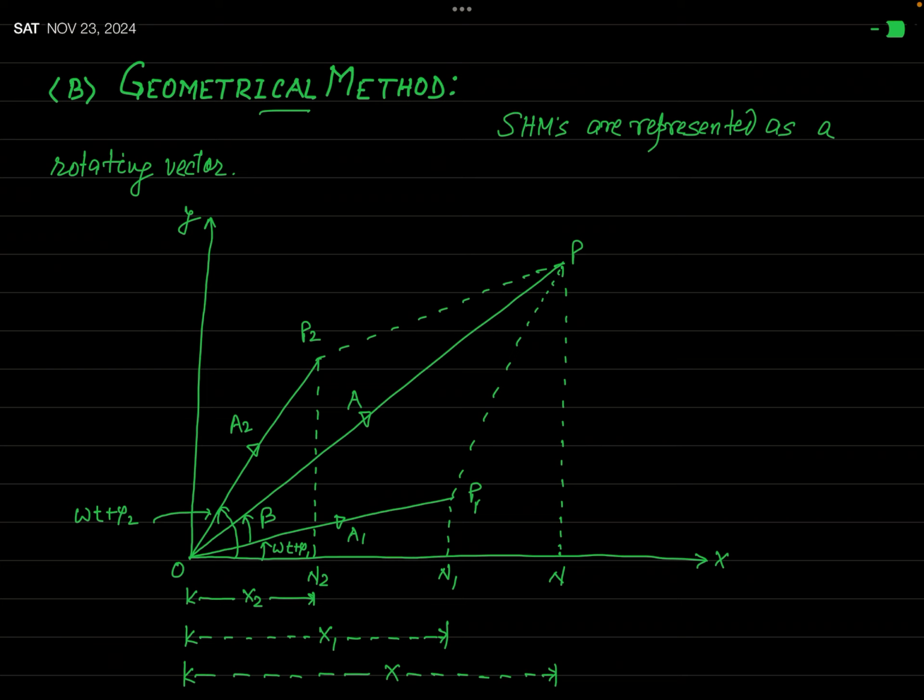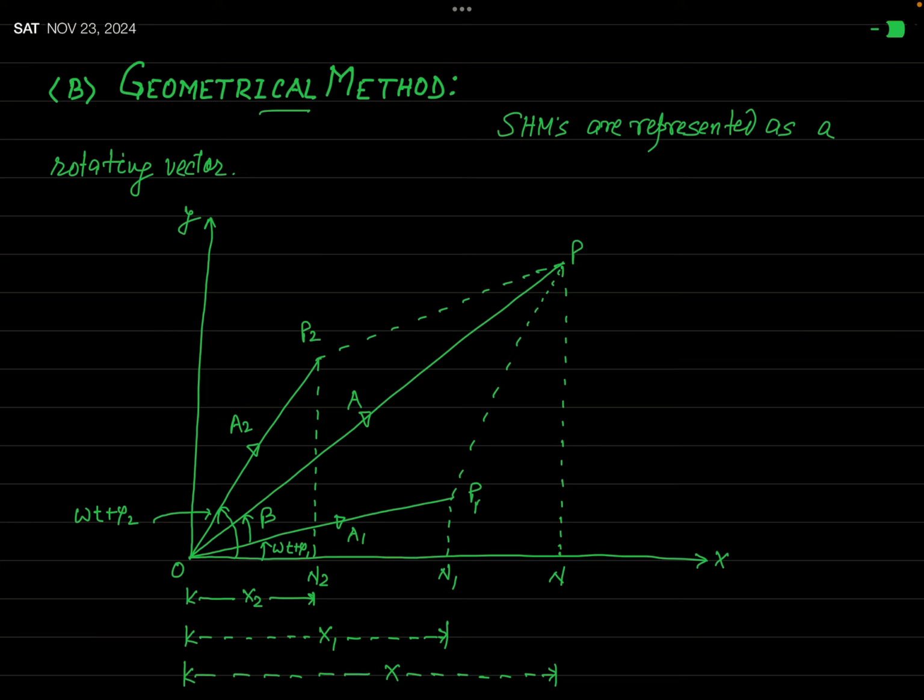SHM is just visualized as a rotating vector. And this rotating vector representation of simple harmonic motion provides a very simple geometrical method of obtaining the resultant of two simple harmonic motions with equal frequencies. For this, let us see this figure.